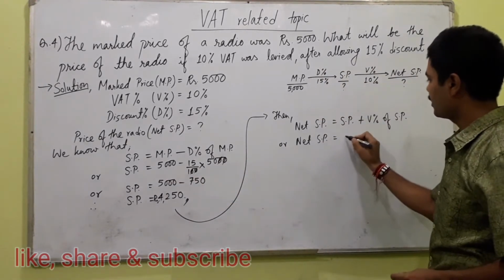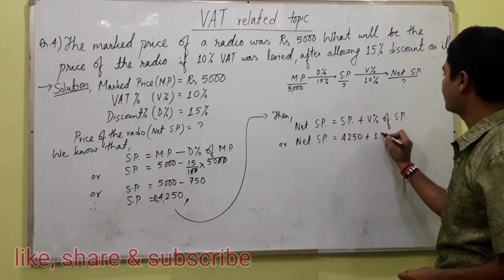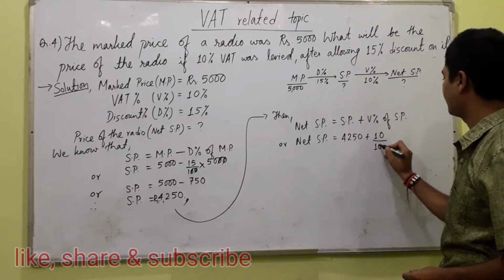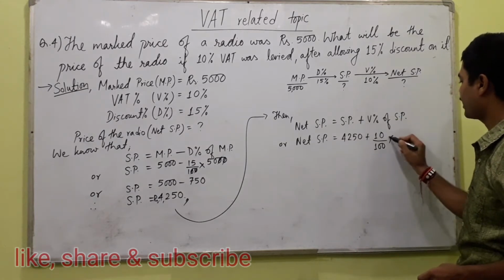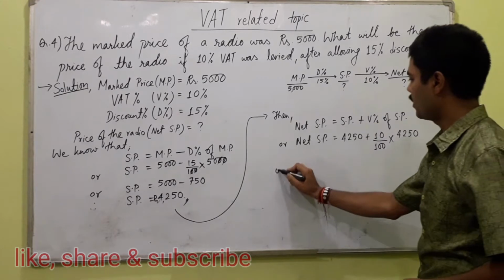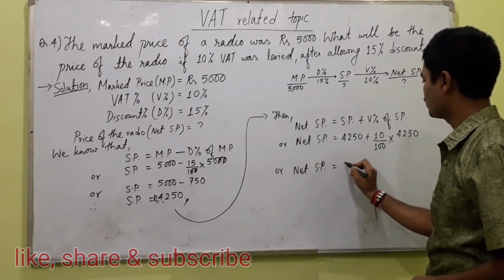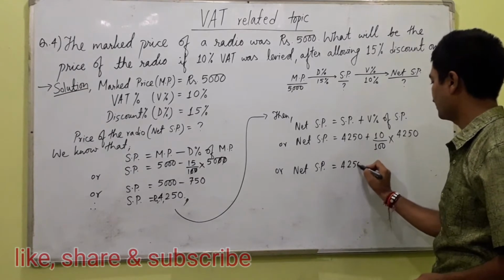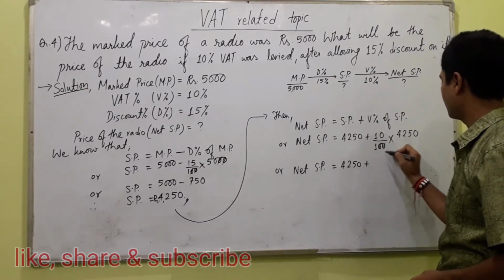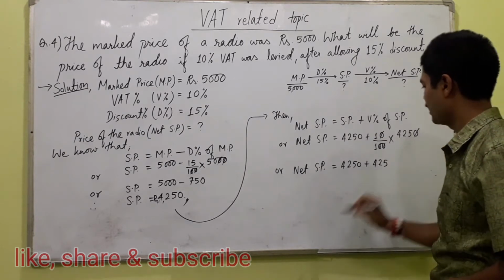And SP we have got 4,250 plus VAT is 10%, meaning 10 by 100, changing percentage into fraction, into 4,250. Or net selling price is equals to 4,250 plus, 0 0 1 0 here, 1 0 here, you will get 425.